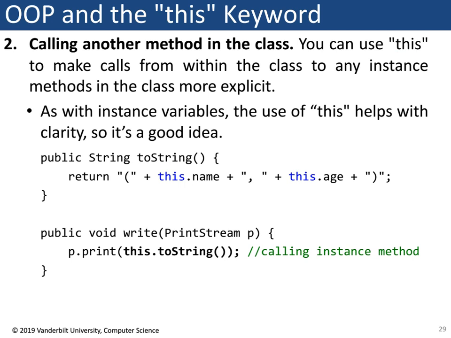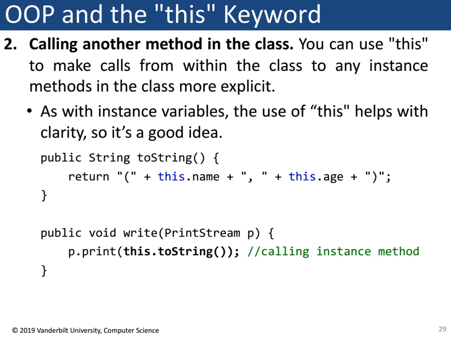So we have some toString method which is going to build the string that should be returned anytime we attempt to pass this object to a print stream, or anytime the toString method is called, and we want to create some method called write.